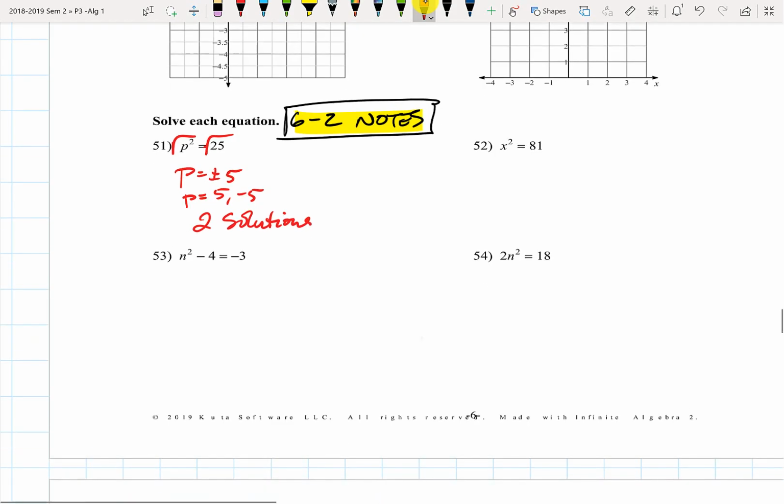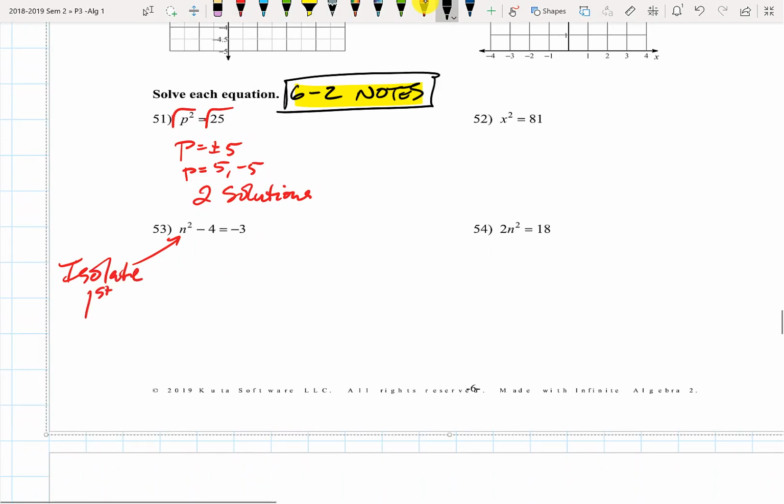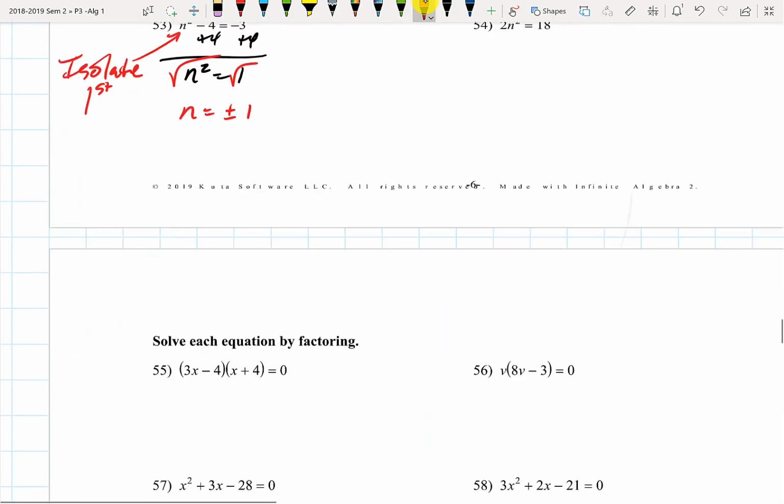Now, if it's not isolated, you want to isolate first. So I'll do one more. In this one, you want to add 4, and you get n squared equals 1, and then you square root, and you get n equals plus or minus 1. You guys can do 52 and 54.